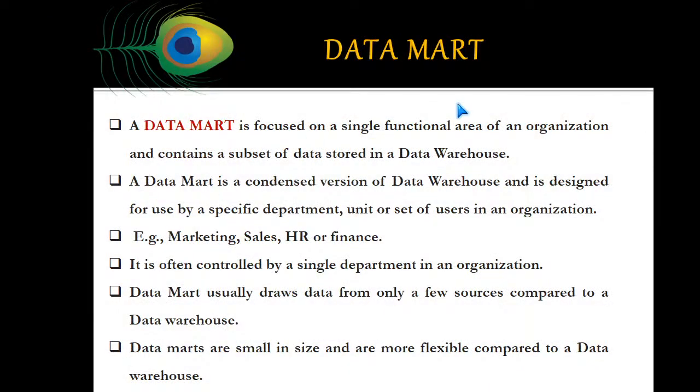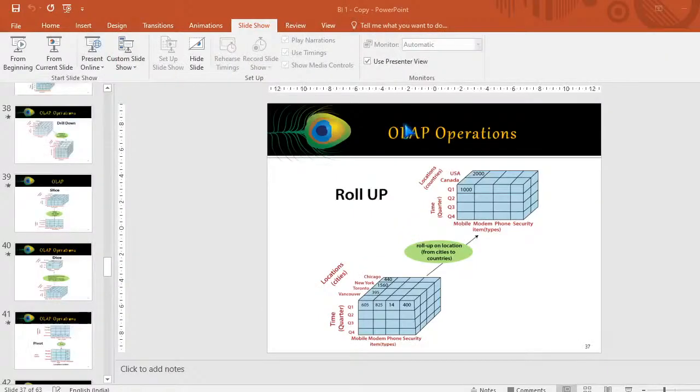Okay, so moving on to the next topic, data mart. I think I explained data mart briefly when I was discussing types of data warehouse. What are the different types of data warehouses? There are three types, if you remember.